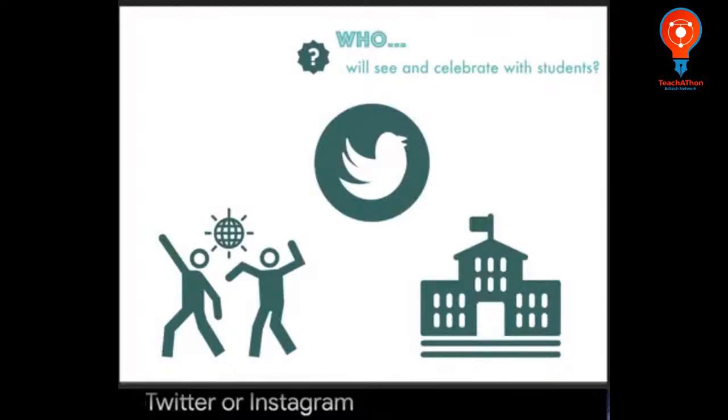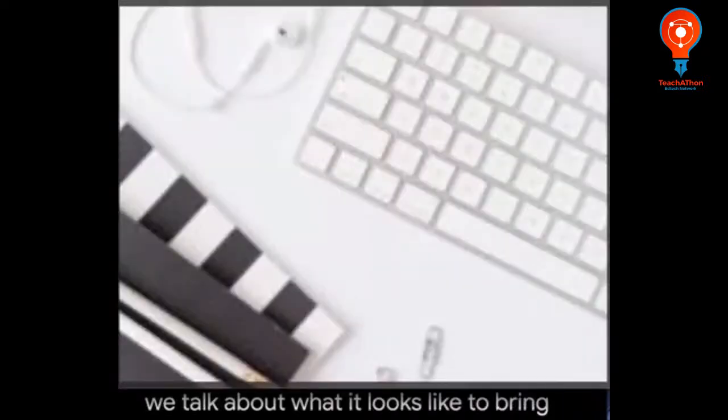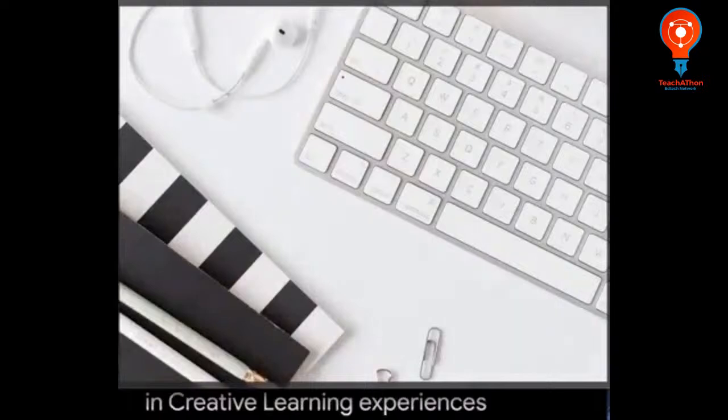Twitter or Instagram would be optional, but maybe even sharing within the four walls of a physical space or in a virtual space, and having kids jump onto a video call or post a Flipgrid and talk about how proud they are of the thing that they made. So, all of these are components as we talk about what it looks like to bring in creative learning experiences to students.